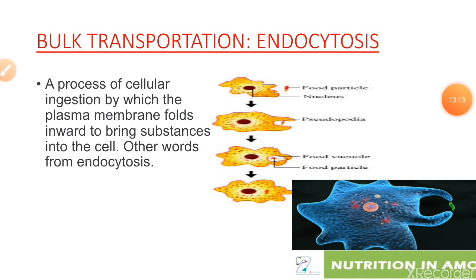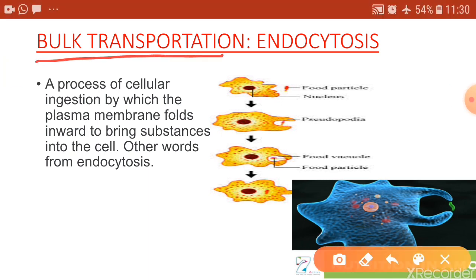Now, let us learn about another type of transportation that is called bulk transportation. In huge amounts also, materials can enter into the cell. I have so far discussed passive transportation, which is the movement of molecules of solids, liquids and gases along the concentration gradient, where the cell does not spend energy.